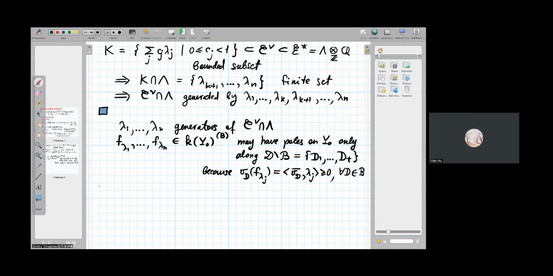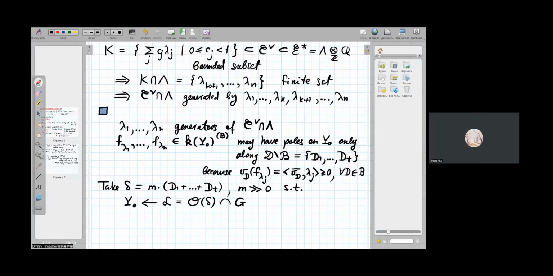So take the divisor delta equal to m times D1 plus etc. plus Dt, where m is big enough such that, first, the line bundle over Y naught corresponding to this divisor carries an action of G itself.